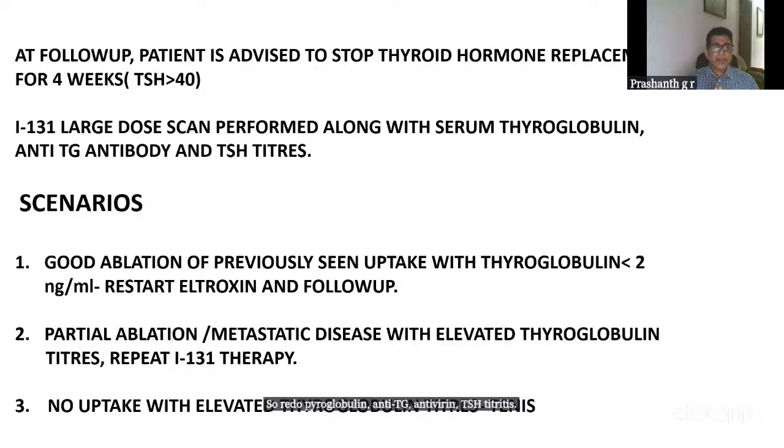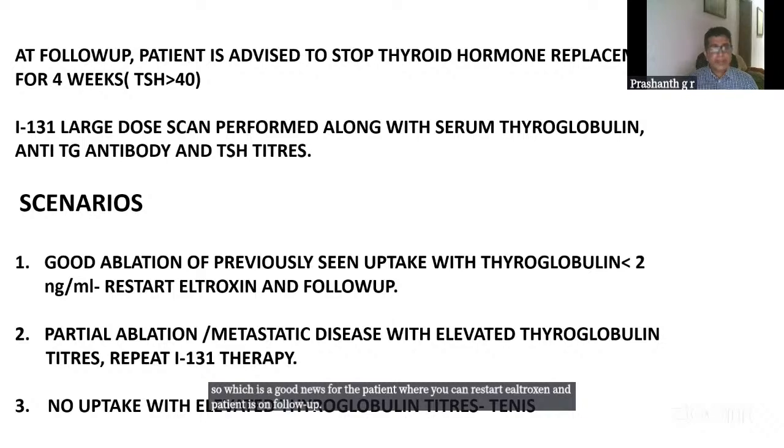And these are the 3 scenarios we expect to see. One, when there is good ablation, wherein we do not see any uptake in the residual thyroid tissue. Thyroglobulin is less than 2, which is good news for the patient, who can restart L-Thyroxine and is on follow-up.